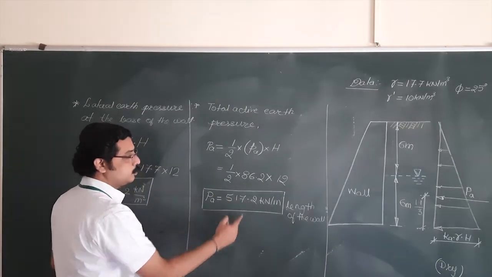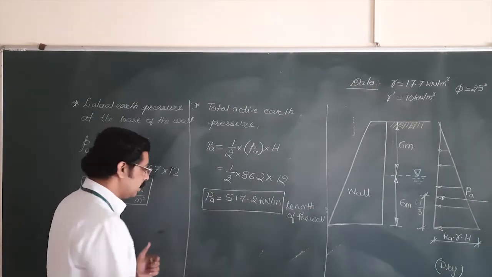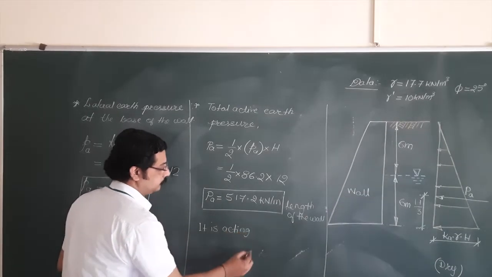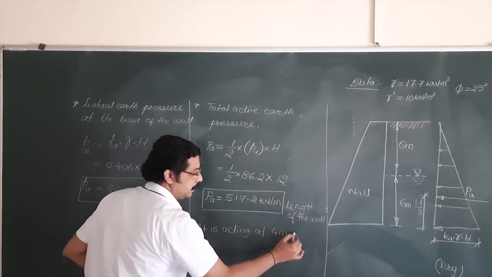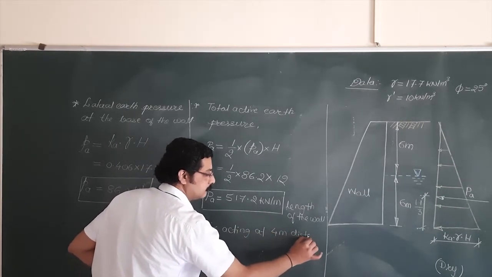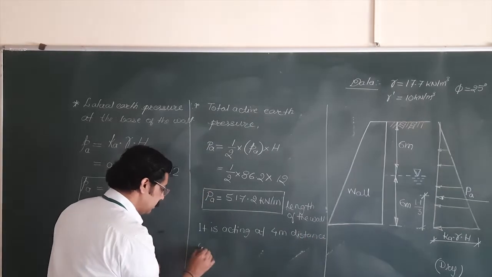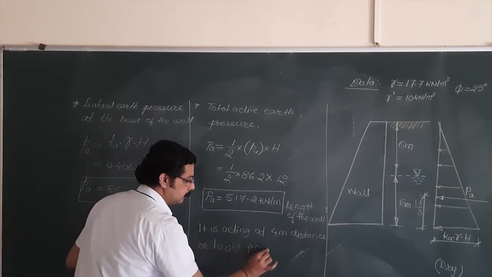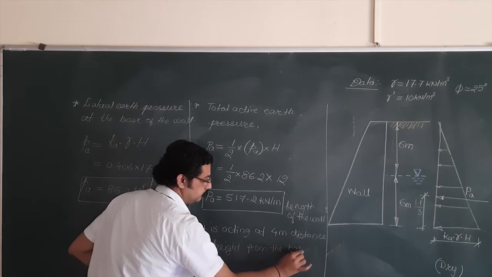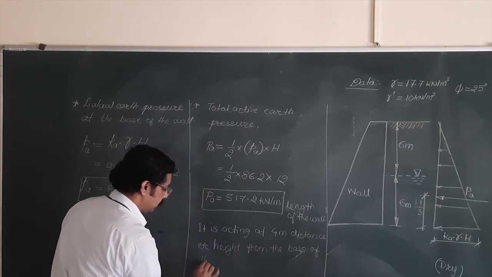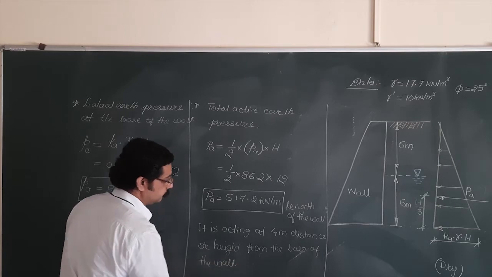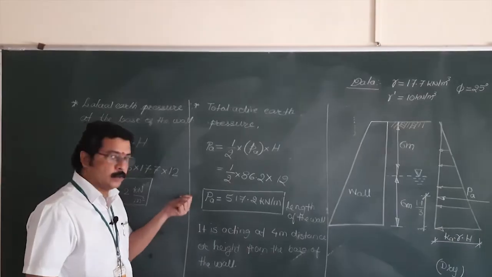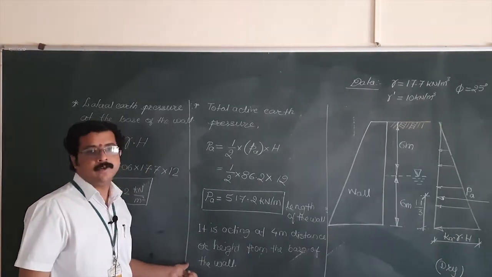PA 517.2 kilonewton per meter length of the wall, it is acting at 4 meter distance or height from the base of the wall. Okay, so with the first part we are over. We are finished with total active earth pressure and its height of point of application.